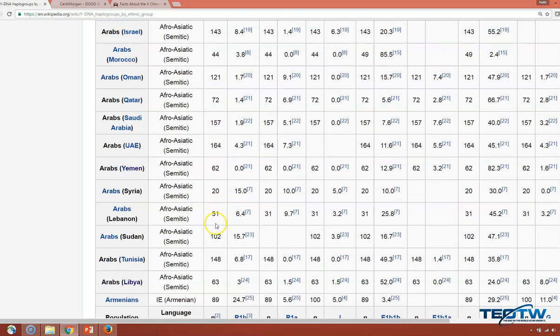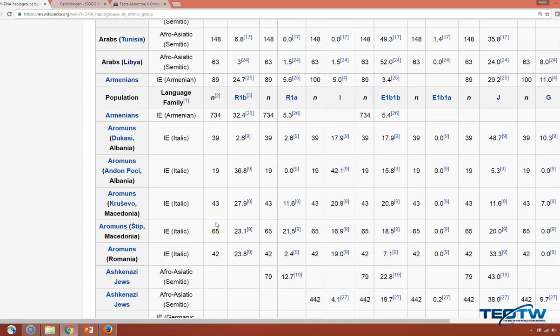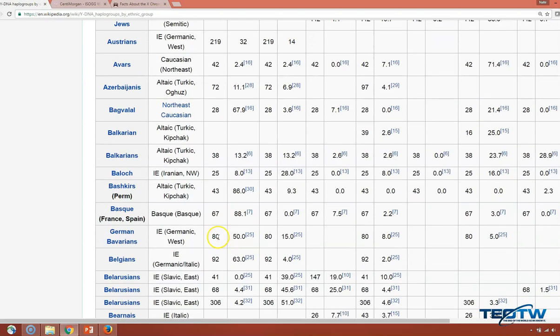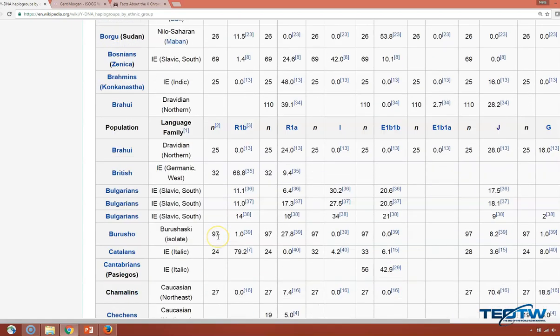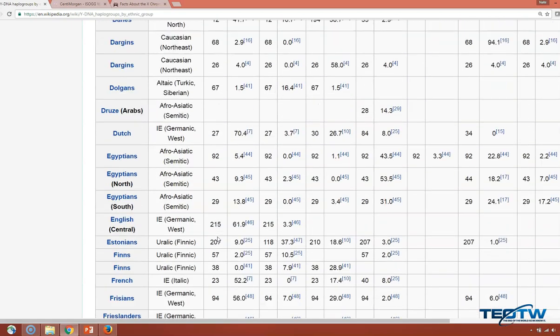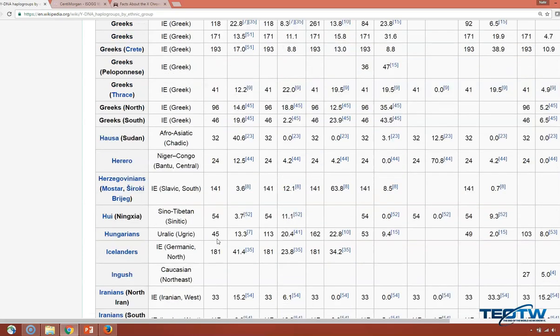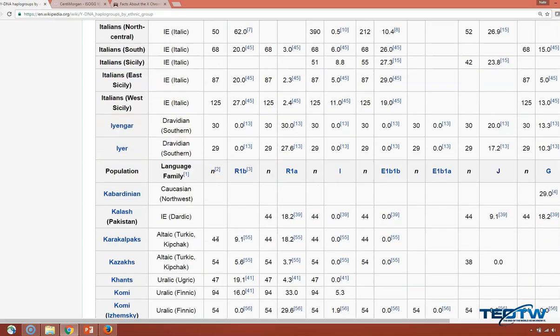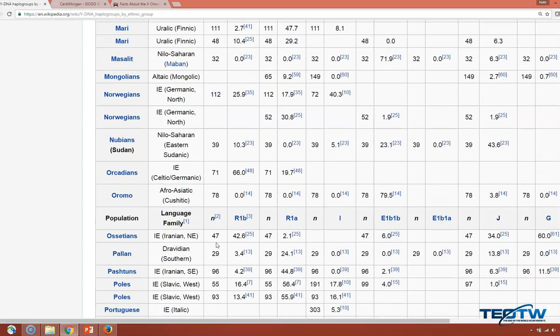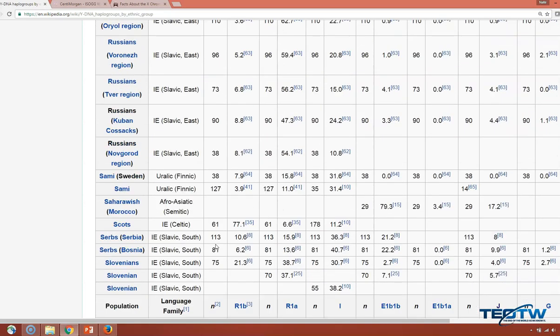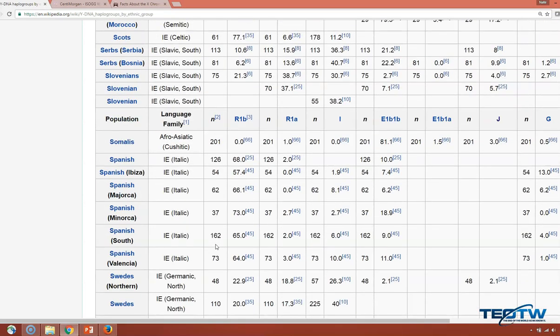I mean, the sample sizes are too small. Okay, so this is a pretty decent size in Armenia. But look, for the majority of these, the sample sizes are so small, right? I mean, what value is that? I'm not a scientist, right? But it raises questions. I'm not a genetic scientist.